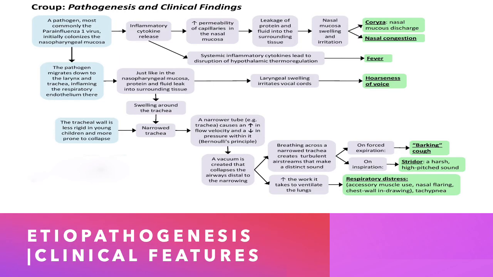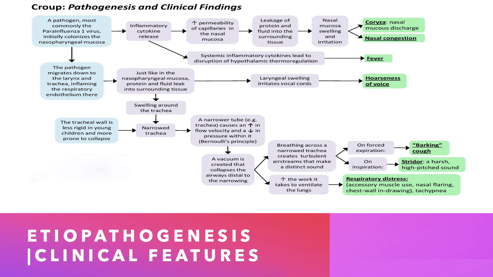So, this is a flow chart depicting the pathological changes which lead to ultimate clinical manifestations in a patient of croup. So, we will look at it stepwise.